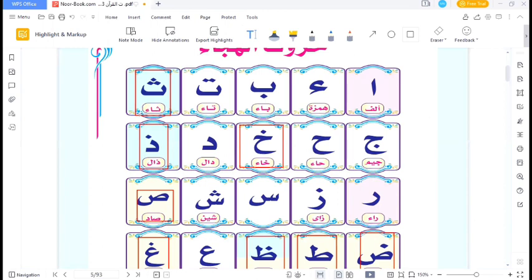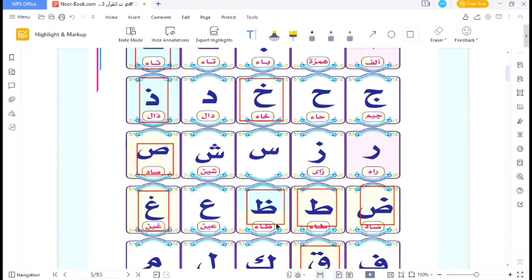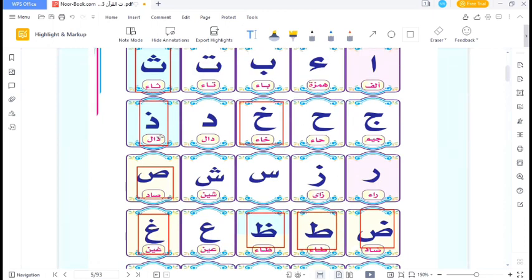Those letters are the Tha, Zal, and Dha. They share the same makhraj, or the same place of articulation: the tip of the tongue touches the upper teeth.